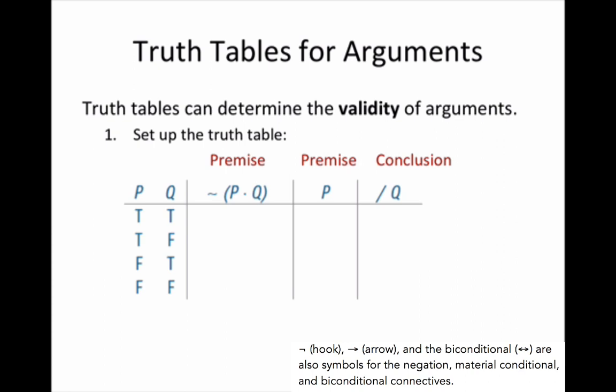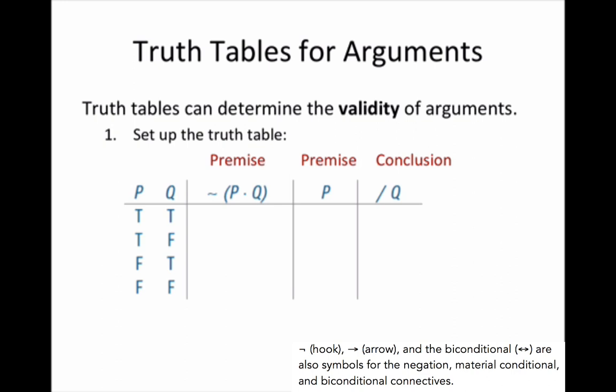If no such row exists, if no such combination of values obtain, the argument is valid. And I'm going to ask us to go back to a discussion that we had earlier about the disjunction so that you can, I hope, more clearly see what I mean.